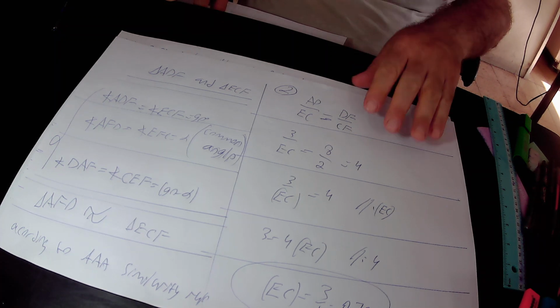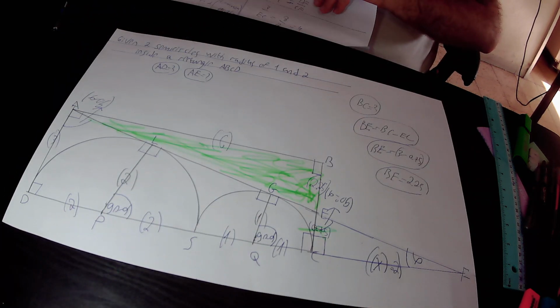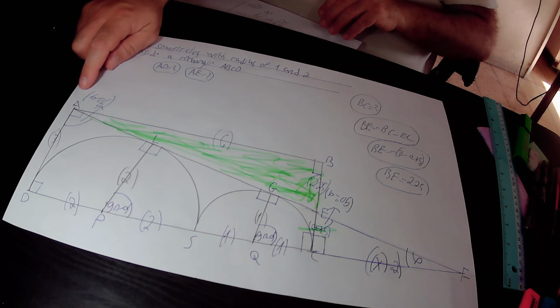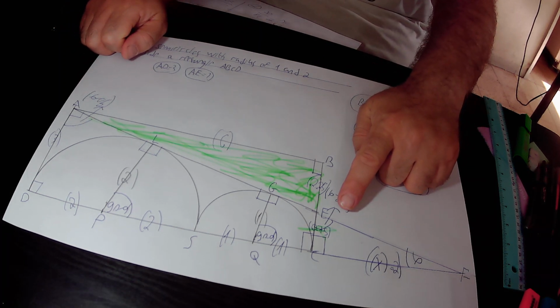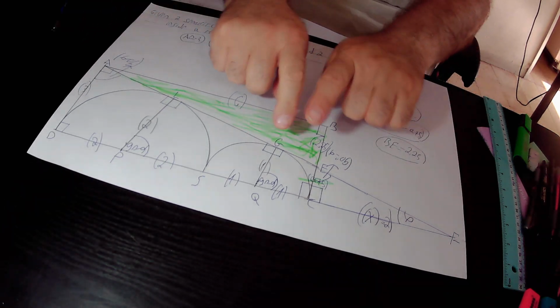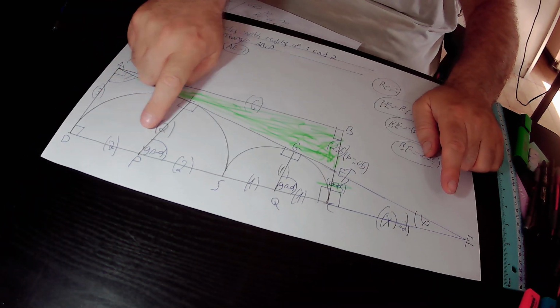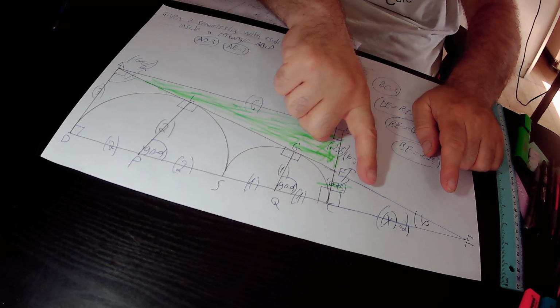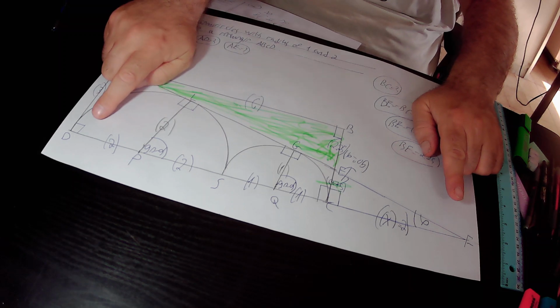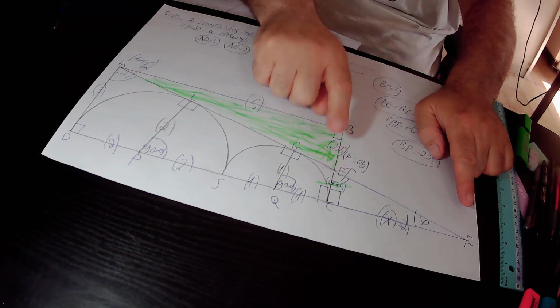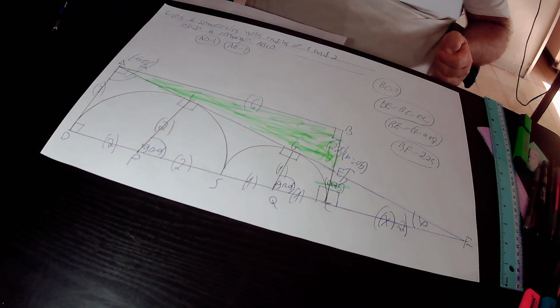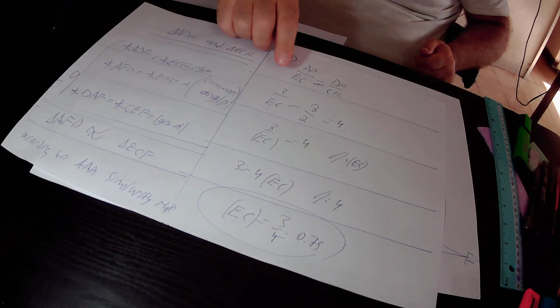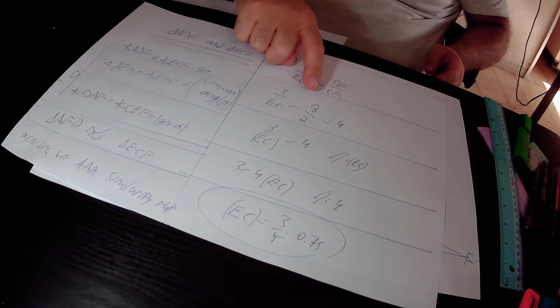Okay, AD is 3, so 3 over EC. EC is the missing side, so we will leave it as it is, and it equals DF over CF. DF in total equals 2 plus 2 plus 1 plus 1, that is 6, plus 2 is 8. So DF equals 8, and CF is 2. So in conclusion, 3 over EC equals 8 over 2, and 8 over 2 is 4.